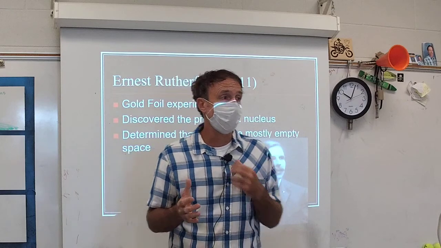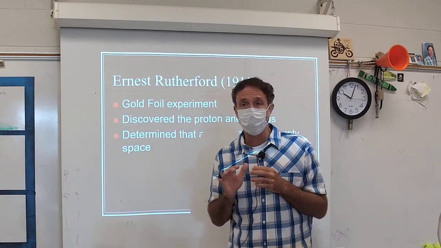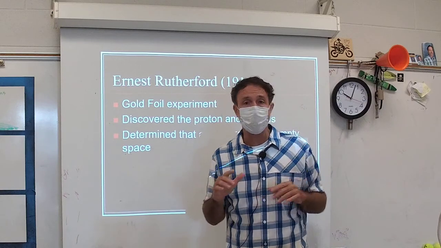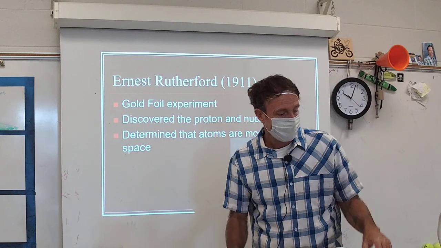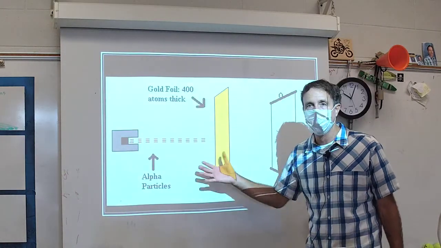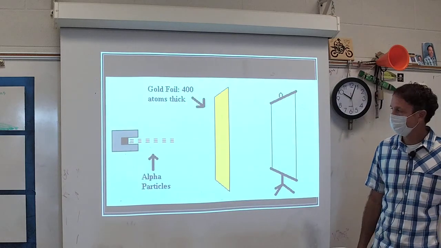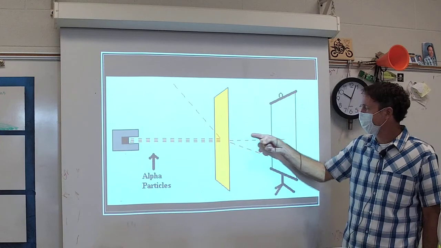Well, what he found out was that the particles he was shooting through the gold foil, not all of them went straight through. About 1 in 3,000 bounced backwards or went off in some direction. So he realized that atoms had a solid center. Now, this is a really oversimplified version, okay? But he's expecting the particles to go straight through.